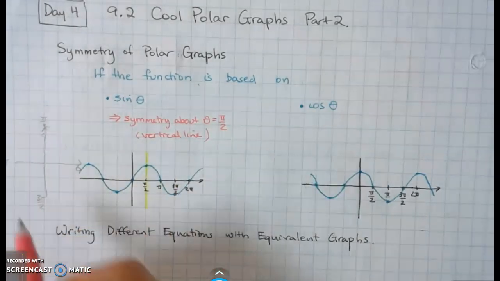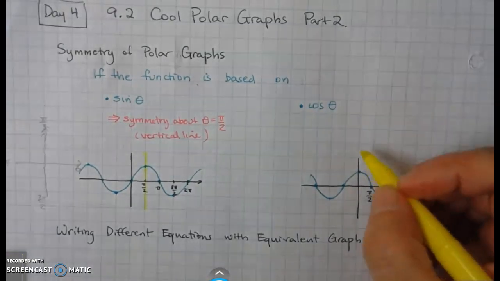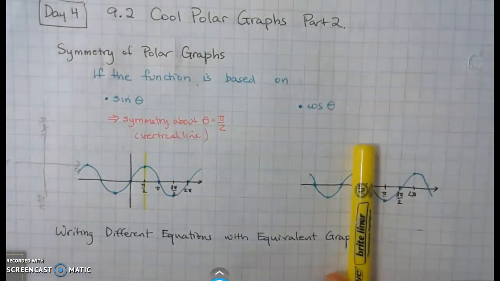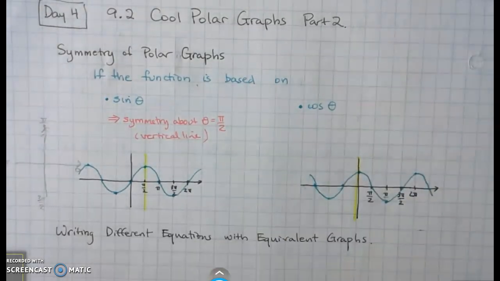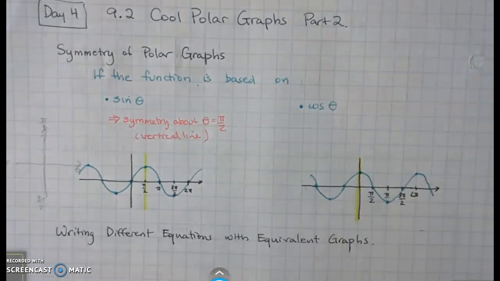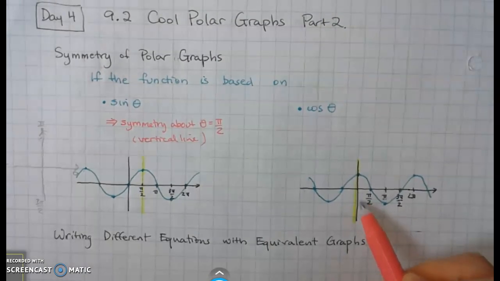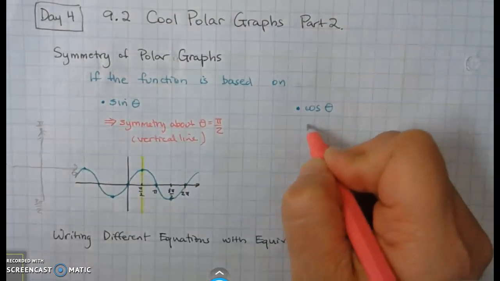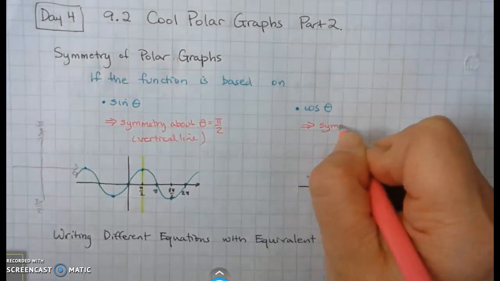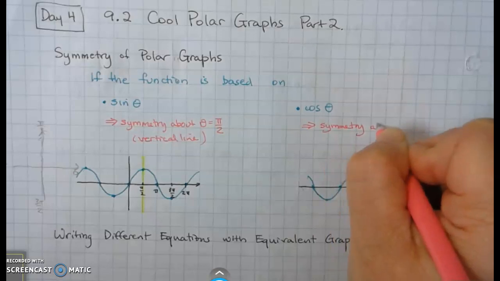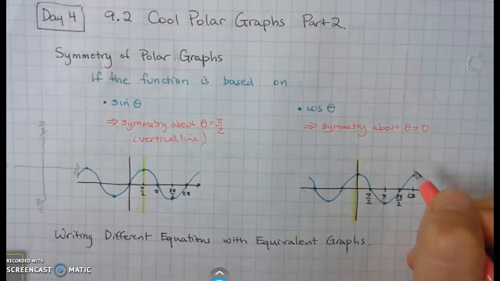So what about cosine? It looks like if I put my mirror right here, the left and right hand side of it are going to be a mirror image or reflection of one another. And where is that line? That's when theta is equal to 0. So the cosine function has symmetry about theta is equal to 0 degrees or 0 radians.